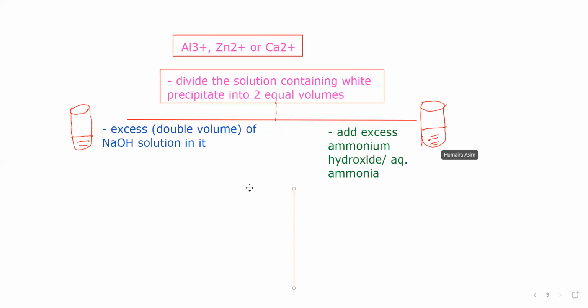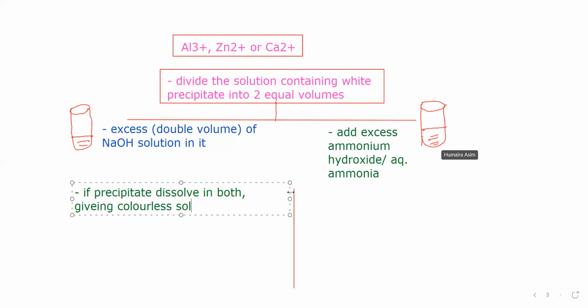If the white precipitate dissolves in both, sodium hydroxide and ammonium hydroxide, giving a colorless solution, since it will be dissolved, you can expect it to be zinc 2 plus ions, right?